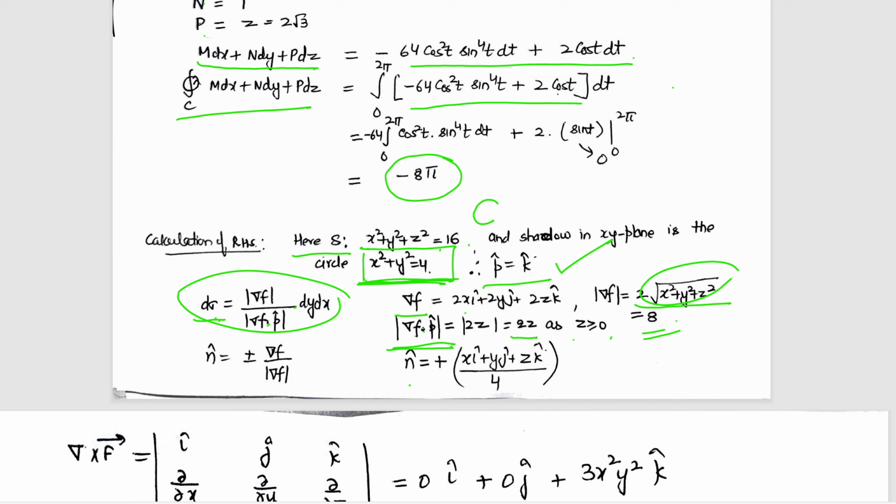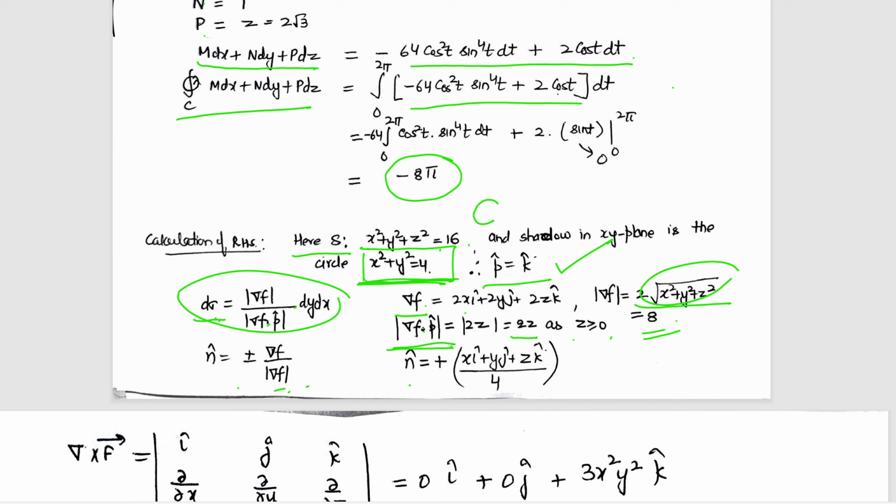Now let's look at n cap. n cap is this unit vector given by plus or minus the gradient of f divided by the magnitude of the gradient of f, and we know the value of the gradient of f. So how do we decide which sign we have to choose, positive or negative?